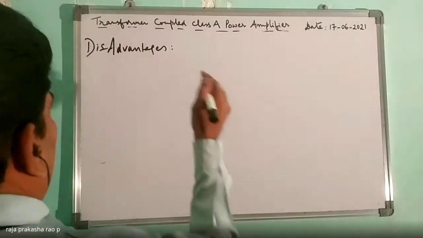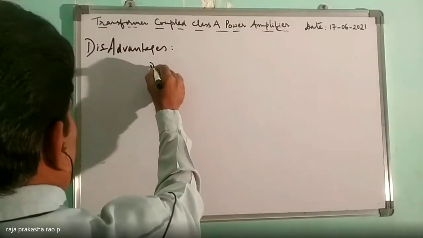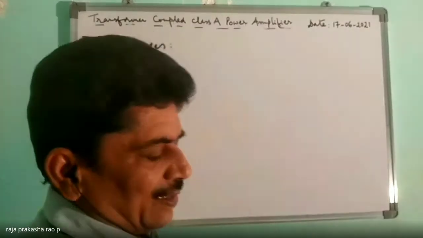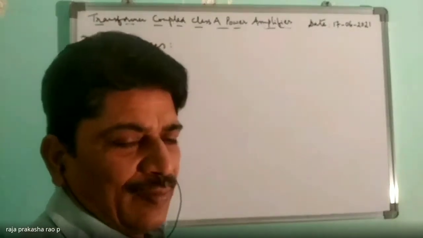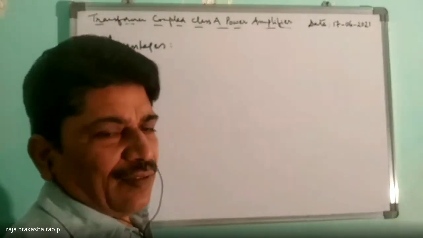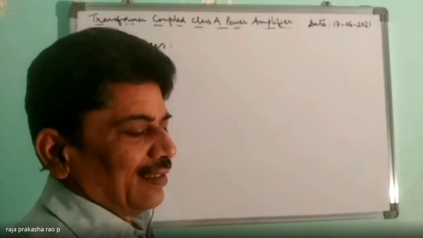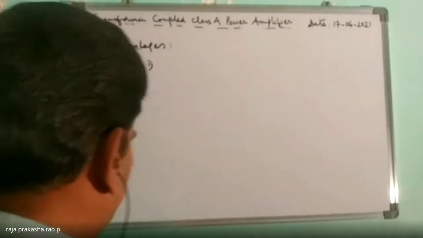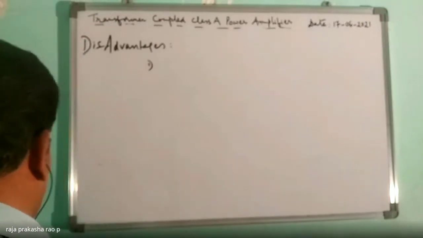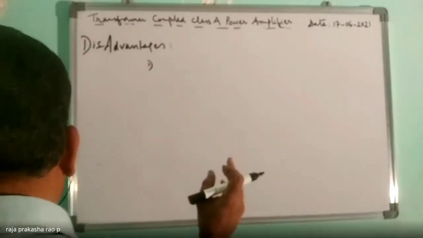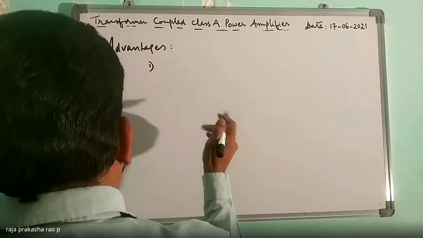Due to the transformer, the first disadvantage is that the transformer will be heavy. Okay, this is the main disadvantage here. Because of that, it is costlier compared to the directly coupled class A power amplifier.